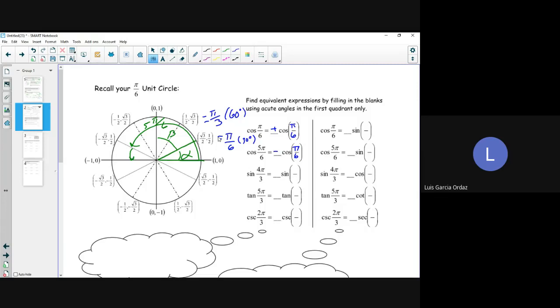The question says to find equivalent expressions by filling in the blanks, so these acute angles are in the first quadrant. When you write pi over 6 and draw it out, it's in the first quadrant.